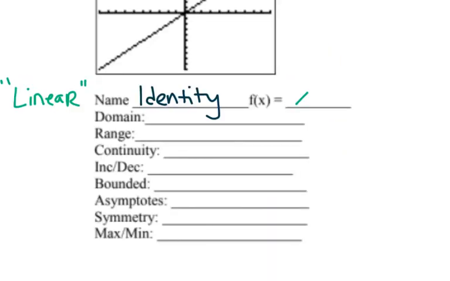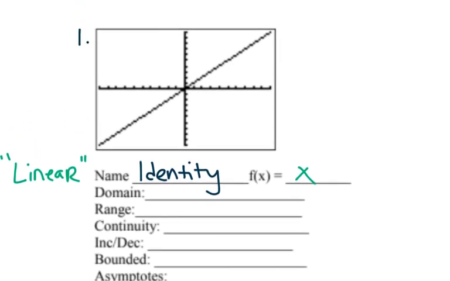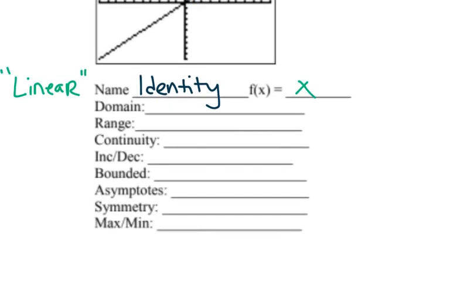F of x equals x. And so we can go ahead and fill out what's happening. Remember that your domain is the x's, and so if we imagine how far to the left it's going to go and how far to the right it's going to continue, turns out it's forever. So your domain is going to be that x's are between negative infinity and infinity.